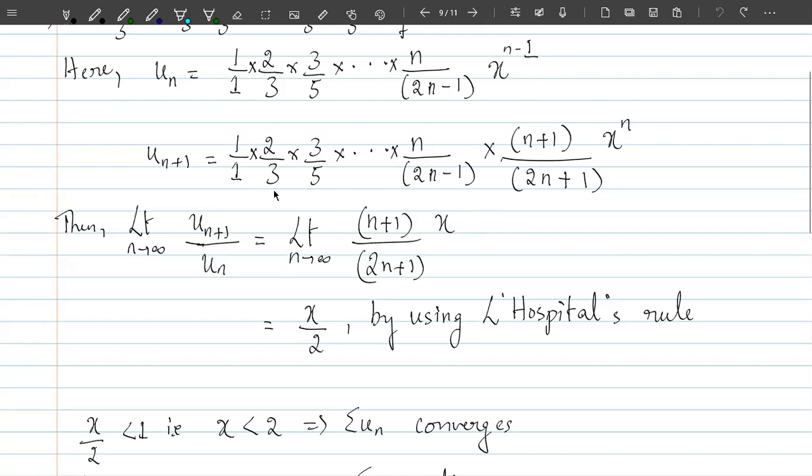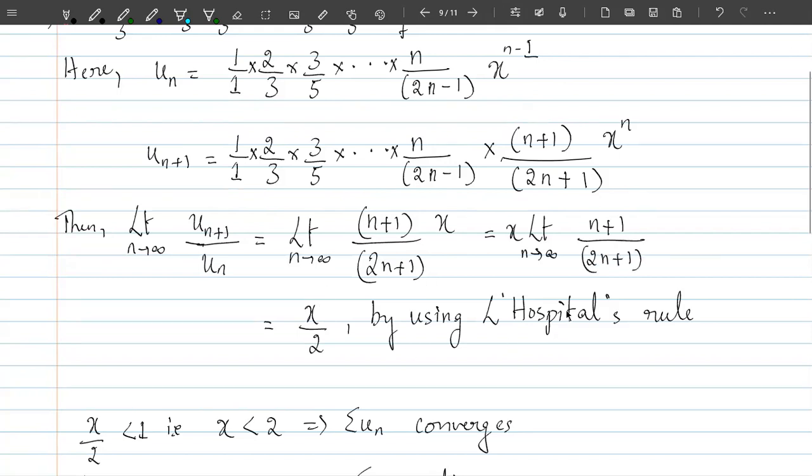Then here I have 1, 3, 5 and so on up to 2n minus 1, which is multiplied with 2n plus 1. Now all these terms are being divided by all these terms over here. So when I do the division, the remaining term will be 2n plus 1. So now again use L'Hospital's rule. So you get x into limit n tending to infinity n plus 1 divided by 2n plus 1.